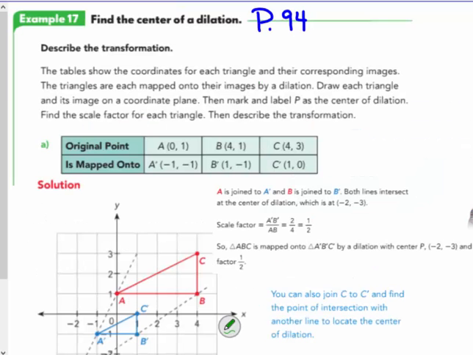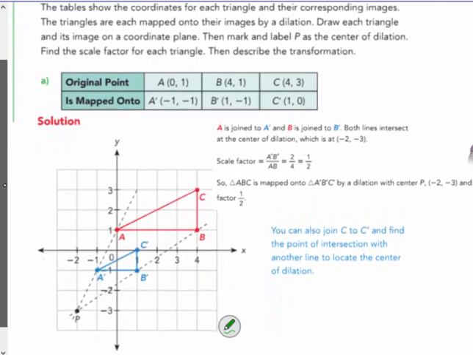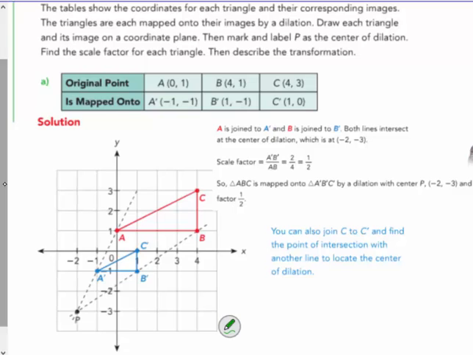So that's what this little math note is talking about. Here's another example that's done in the textbook on page 94. The table shows the coordinates for this triangle. So the original triangle here is in red, A, B, and C. It says, draw each triangle and its image on the coordinate plane, then mark and label P as the center of dilation, which you can see is down here.